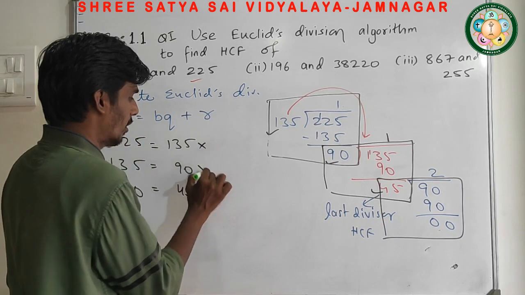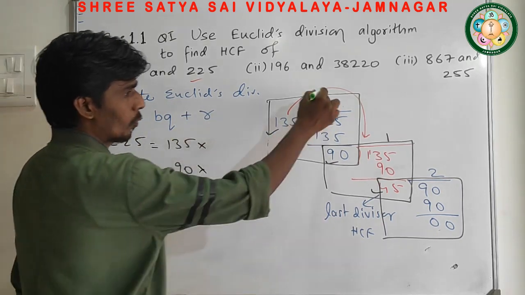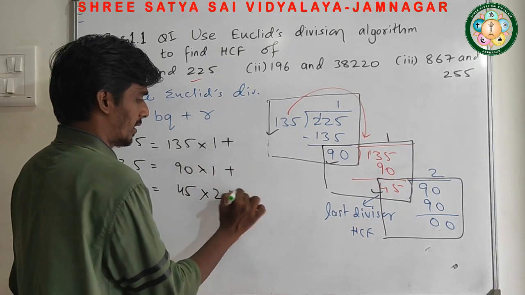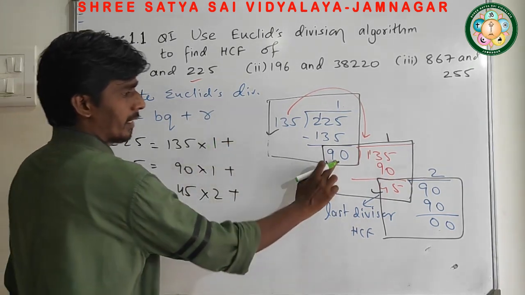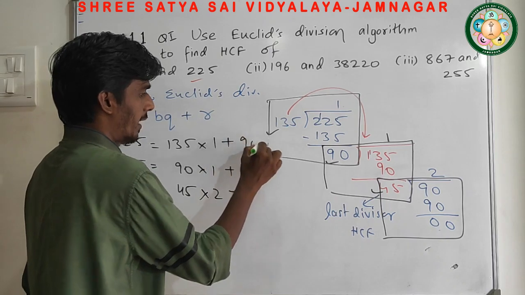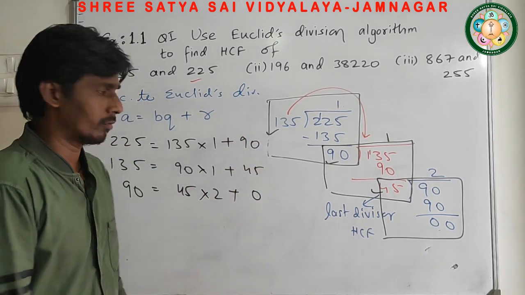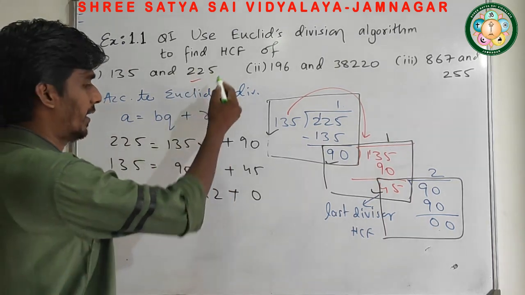Then write down all the quotients: 1, 1, 2. Plus, what are the remainders? 90, 45, 0. So this is the way you can also do the Euclid method to find HCF.